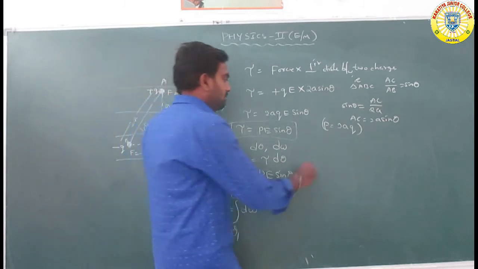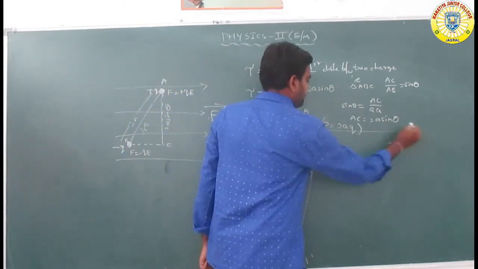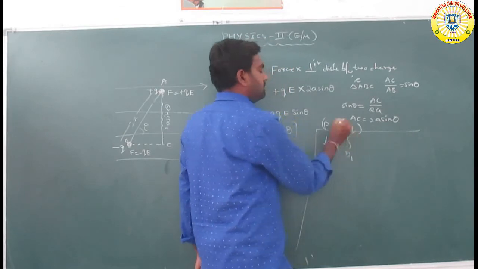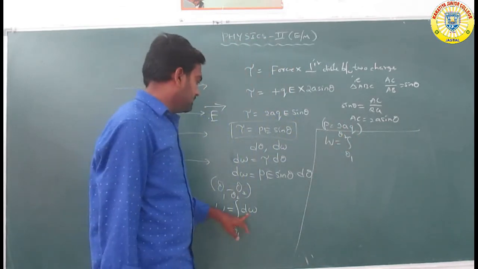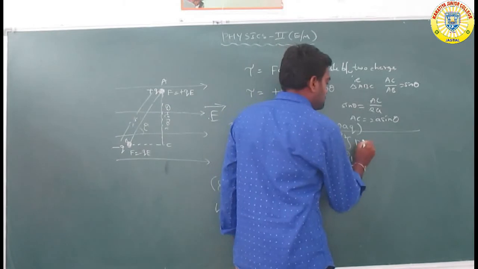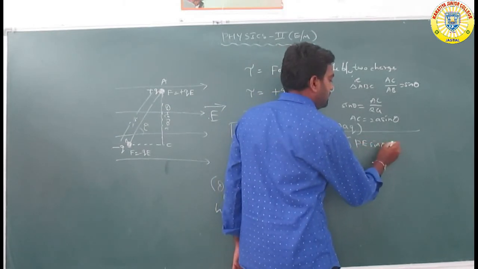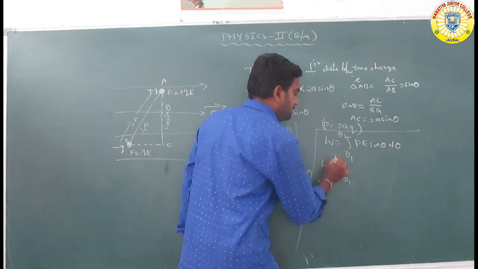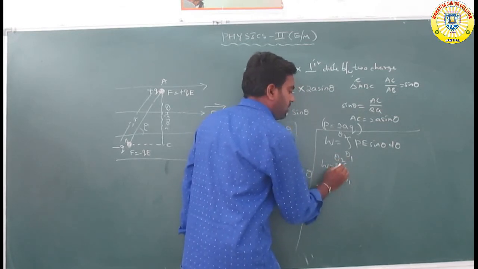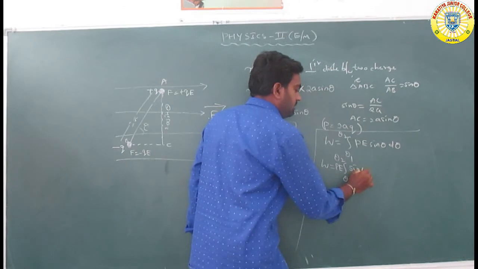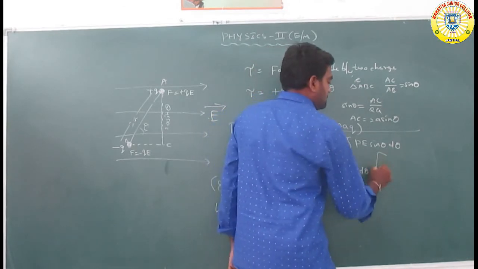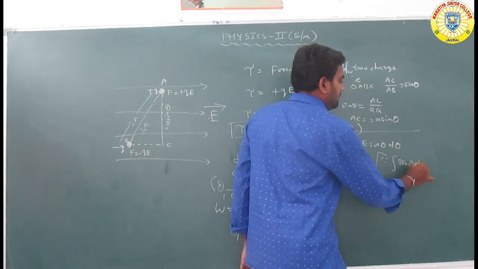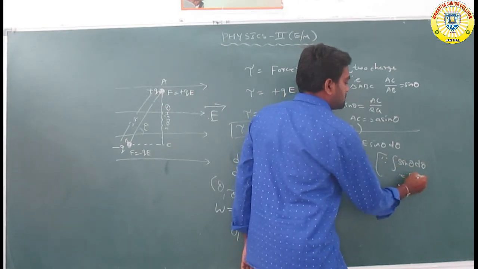So W is equal to the integration from theta 1 to theta 2 of pE sin theta d theta. p and E are constants, so we integrate sin theta d theta. Integration of sin theta d theta is equal to minus cos theta.